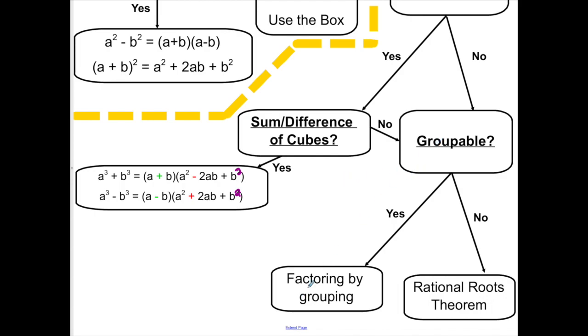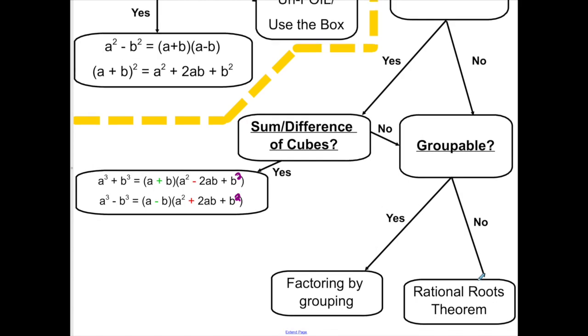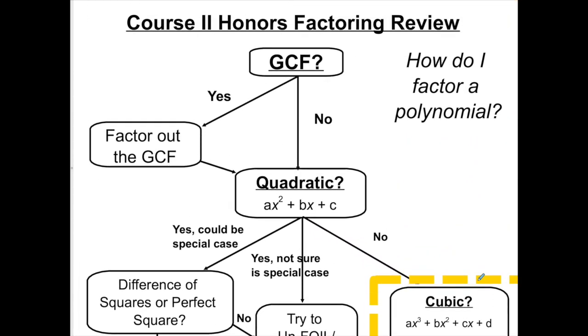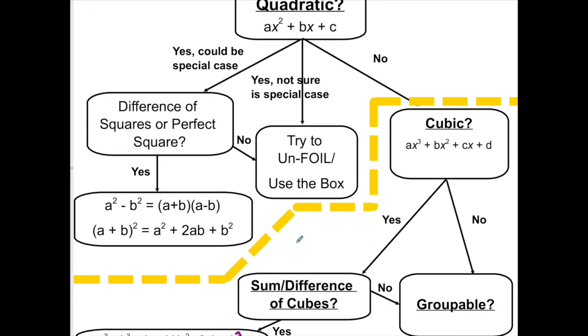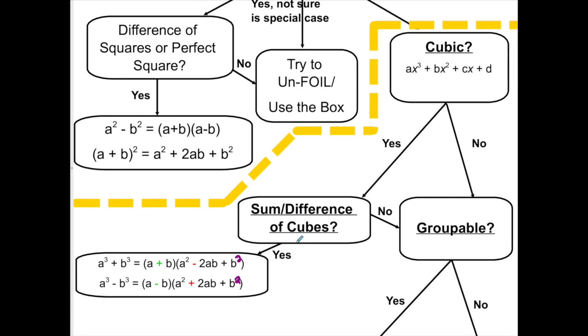And if none of those strategies work, our final strategy would be to use the rational roots theorem, finding factors of the constant term and plugging those in to see which one makes the polynomial 0, and going from there. So again, there are many skills that we've learned over the past couple of years to break them down. We learned the skills above the yellow line in Course 1 Honors, and the skills below the yellow line we really focused on in Course 2 Honors.